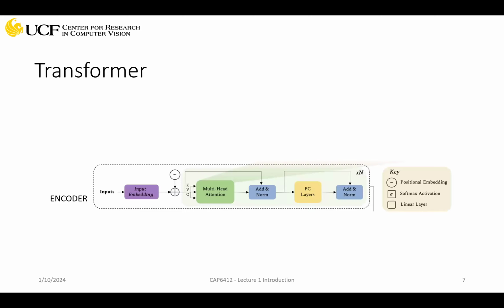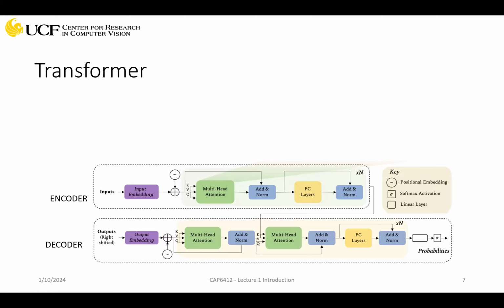Encoder may look like this: we have input and we get some embedding, a representation as a feature vector. Then we add to that the position encoding. And then we have this multi-head attention. After that, we have Add & Norm. Then we have a fully connected layer and Add & Norm and the output. So this is the encoder.